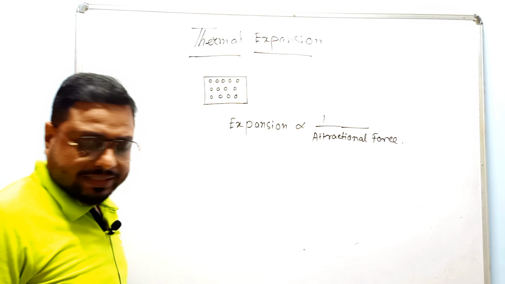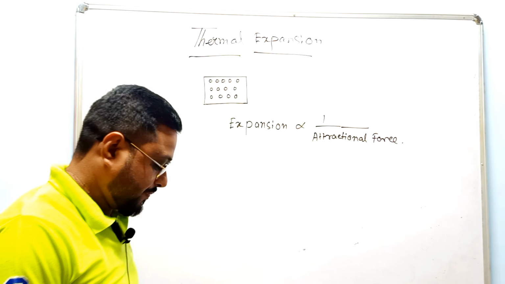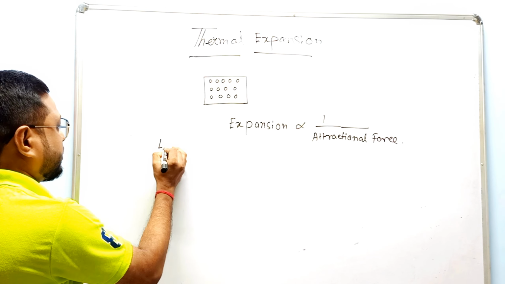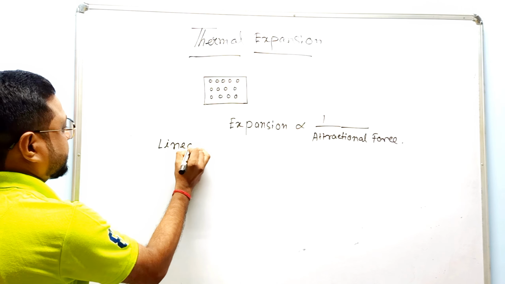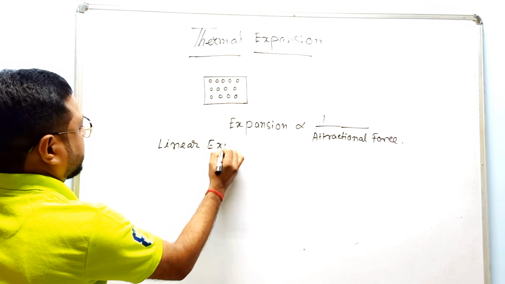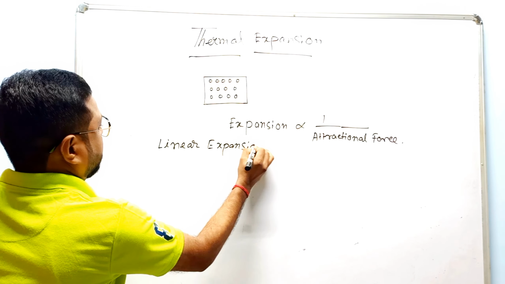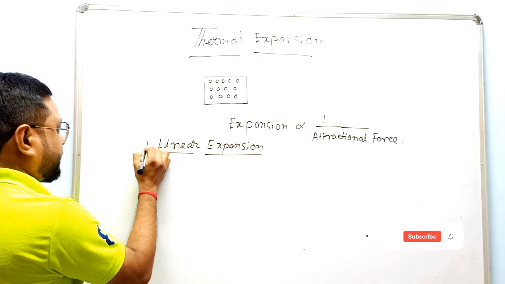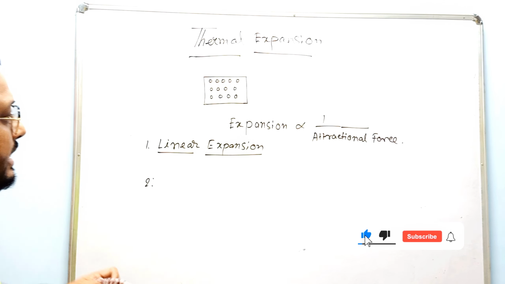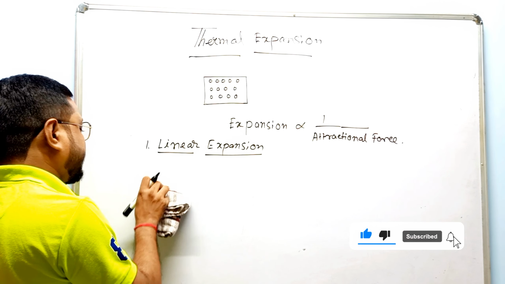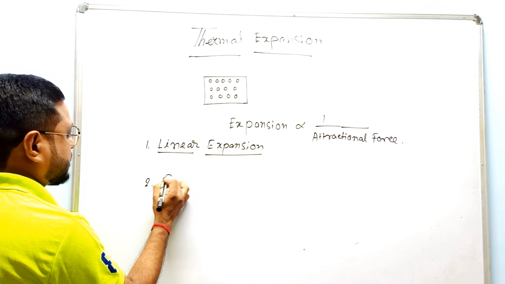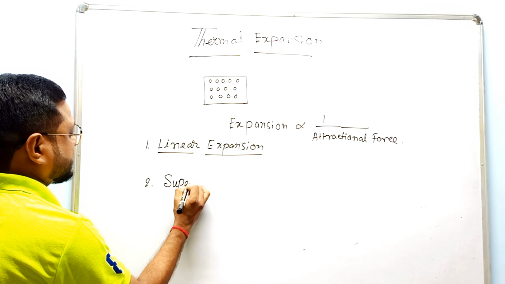Solid has three types of expansion. Solid can expand lengthwise, so it has linear expansion. It expands area wise, so it is called superficial expansion.